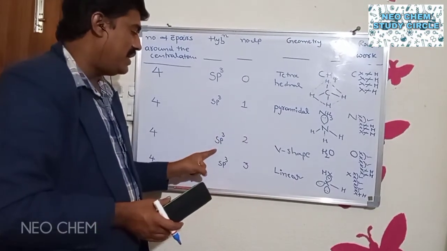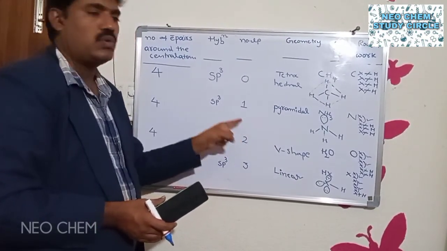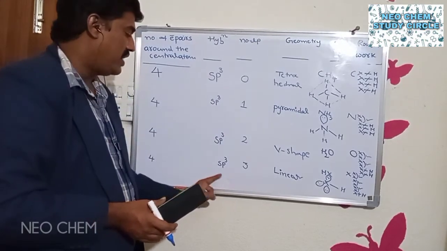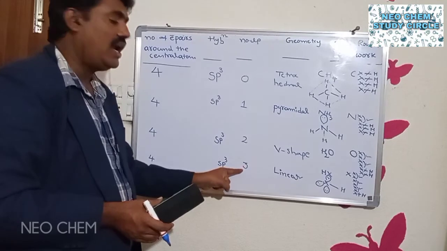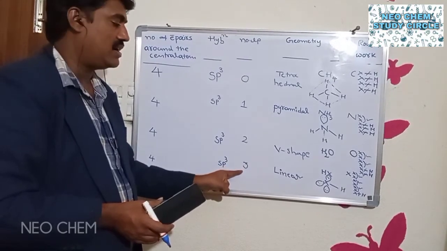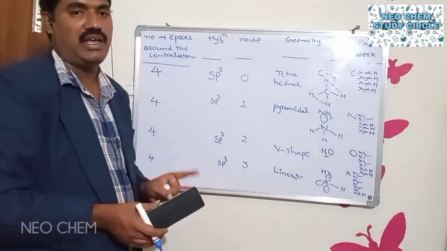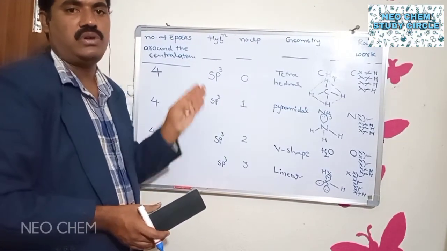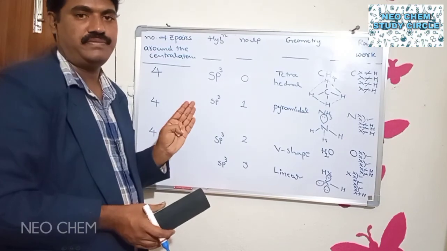If there are 2 lone pairs, then the geometry is V-shaped. And if 3 lone pairs are present, then the geometry is linear. Thus, 4 types of geometries are possible with sp3 hybridization.